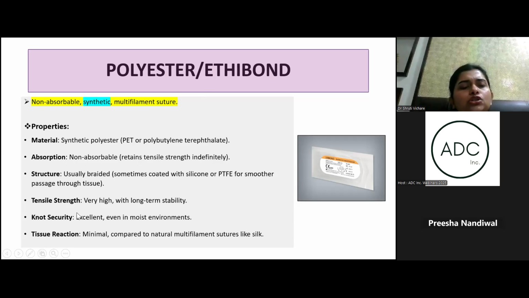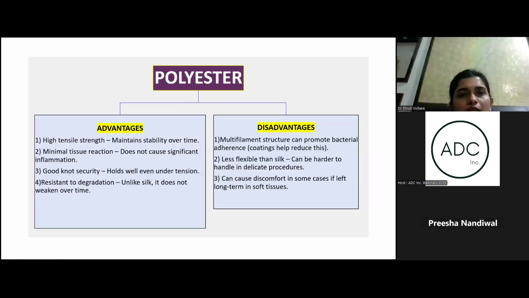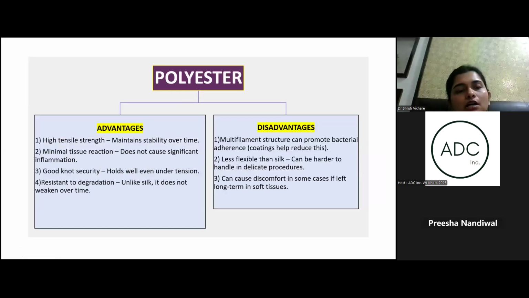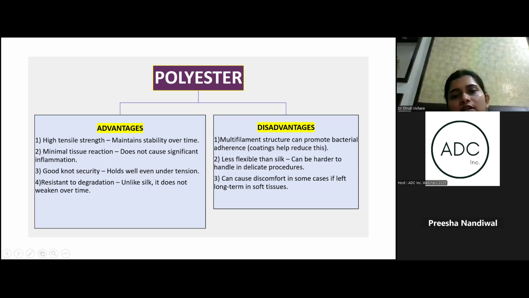Tensile strength is really very good. Okay. Knotting property is also very good, and tissue reaction is minimal because again it is synthetic. So advantages are the tensile strength is really good, as I mentioned in the beginning. Minimal tissue reaction, knotting property is good, and it is resistant to degradation like silk. Right. Disadvantages, multifilament structure can promote bacterial adherence. So this coating helps in reduction of this bacterial adherence.